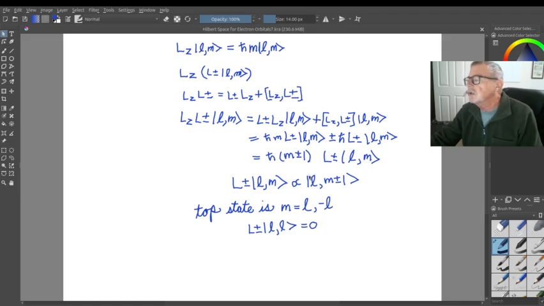So it's the same as if the vector was l,m plus or minus 1. That's a little proportionality symbol. So this shows that the top state has to be m equals l or minus l, and if we're looking at the ladder operator applied to l,l, which is the top state, that equals 0. That was used on the last page. I hope this wraps everything up.